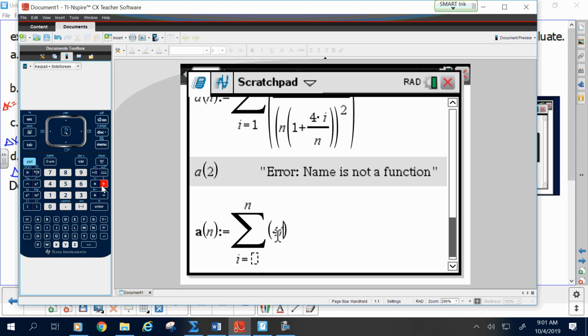4 divided by n times parentheses 1 plus 4 times i divided by n, all that squared.